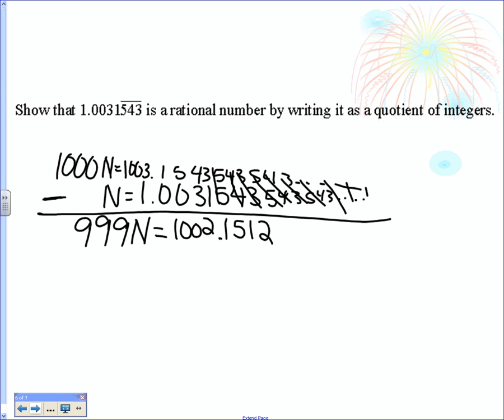Any other questions so far? How do you solve for your number? Can we leave it like that? There's a decimal, so what do we need to do?